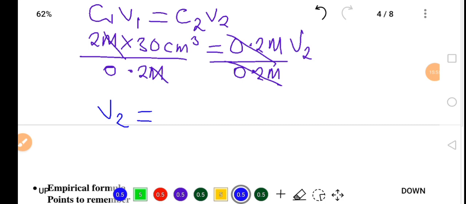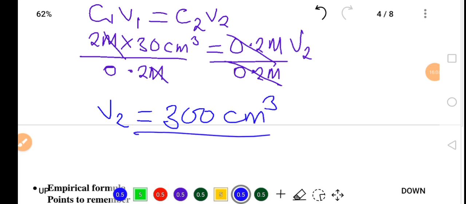The answer should be 300 centimeter cubic. This is the answer. Thank you so much for understanding. This is just very simple. I know I deal with intelligent learners. I am not even worried, you are going to pull through. Thank you so much and take care of yourselves.